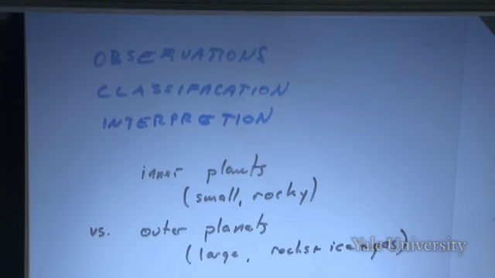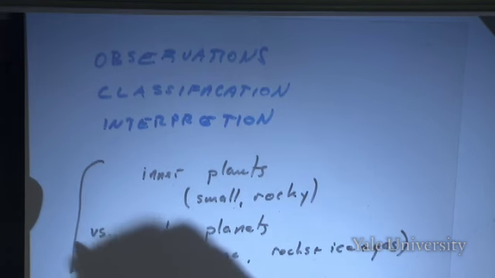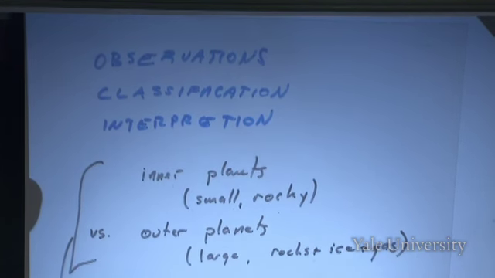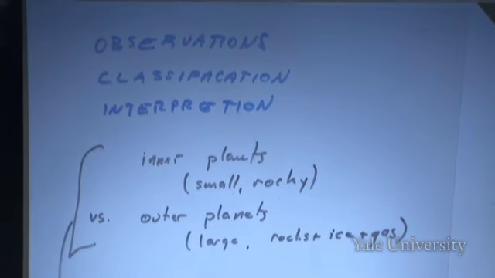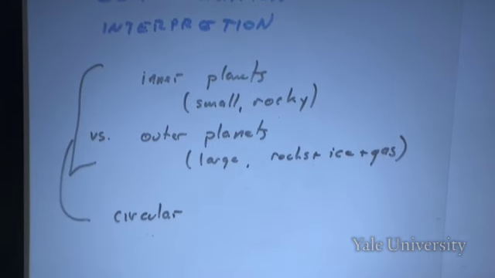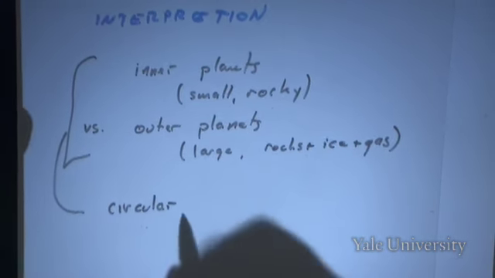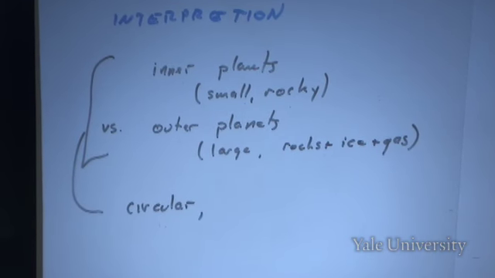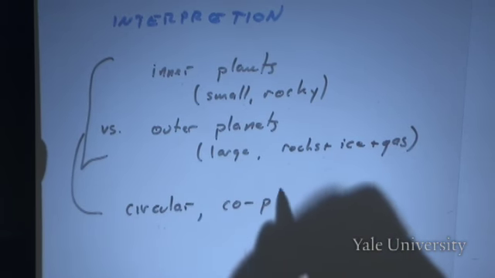These things are in wider orbit, but the orbits of both of these are more or less circular, not precisely circular. They're actually elliptical, but quite close. And they're all in the same plane. That is to say, they're all going around the same way. There's nothing going this way instead of this way. So they're circular and coplanar.